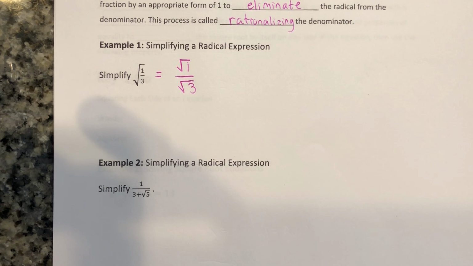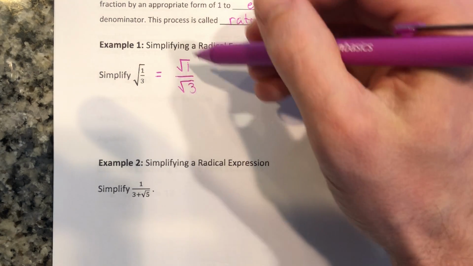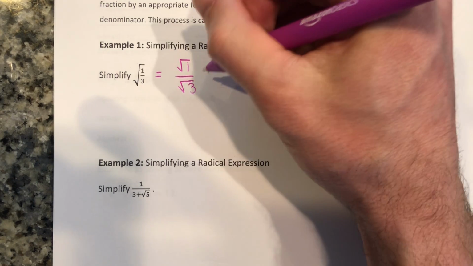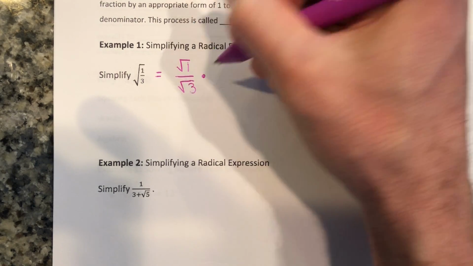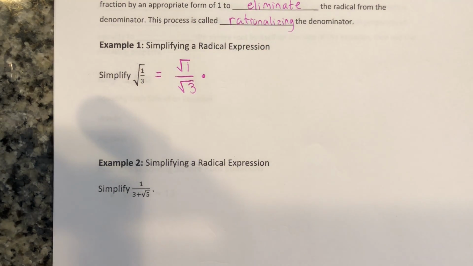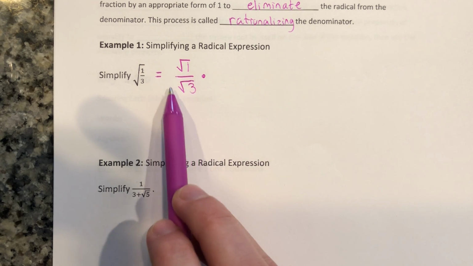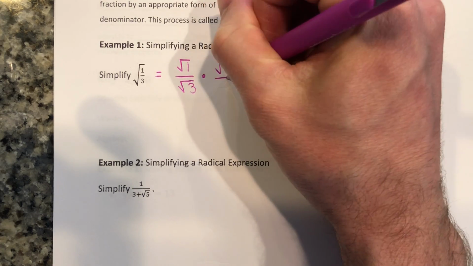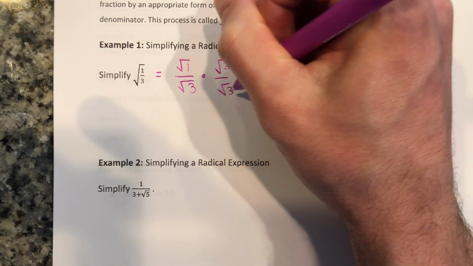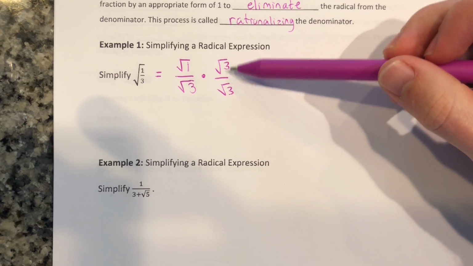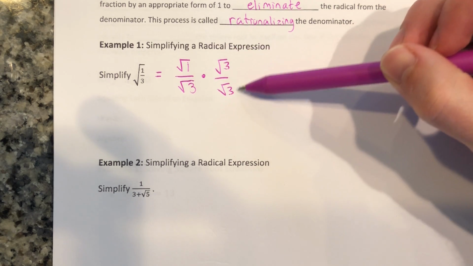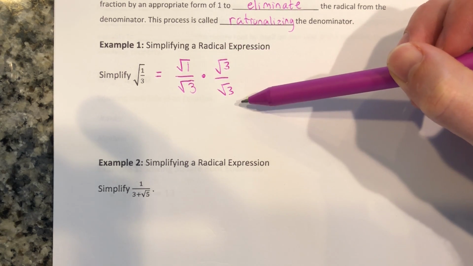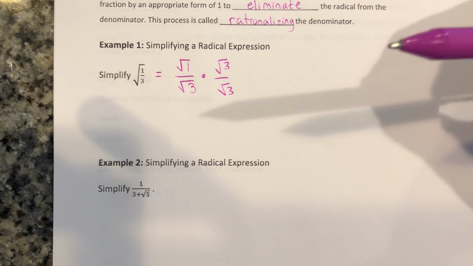The best way to do that is to multiply this fraction by a form of 1. There are so many different forms of 1, but we want a specific one. We look at our denominator and multiply by the square root of 3 over the square root of 3. The square root of 3 divided by the square root of 3 is a form of 1, because any number divided by itself always gets you 1.